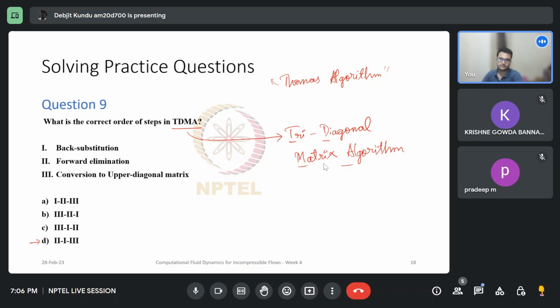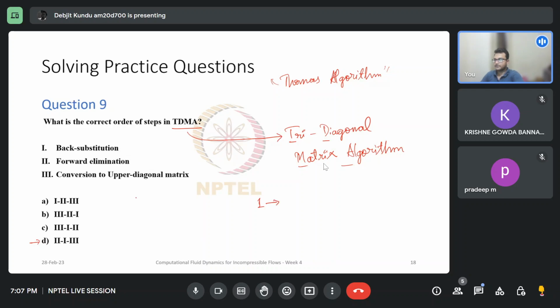Then we can match it with the options which we have given in the question. So what is the first step in doing TDMA? First step, what is it?